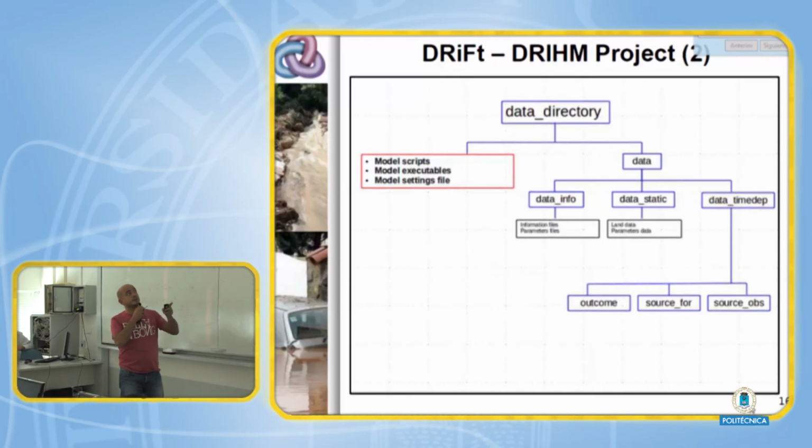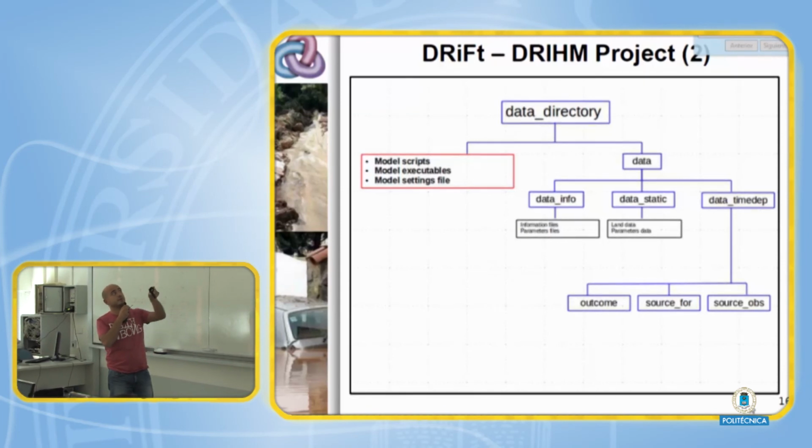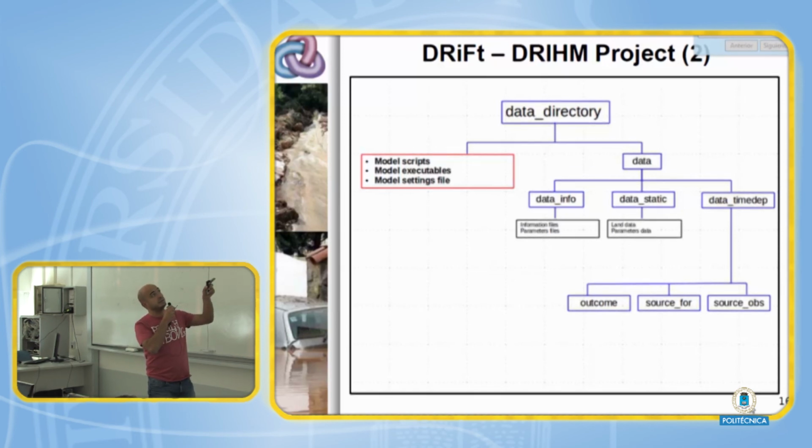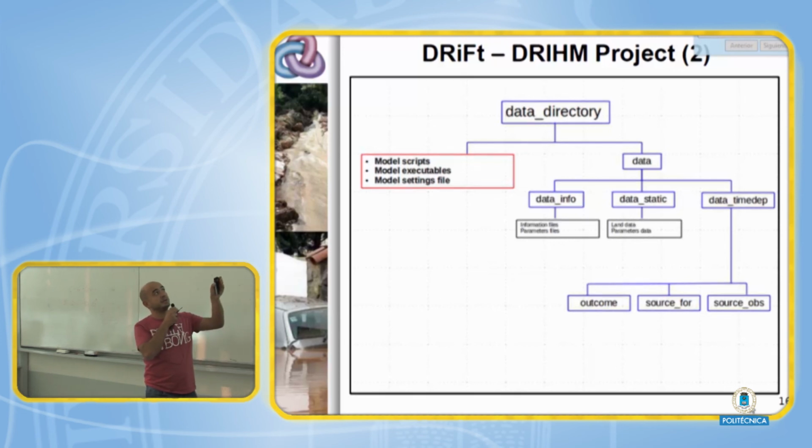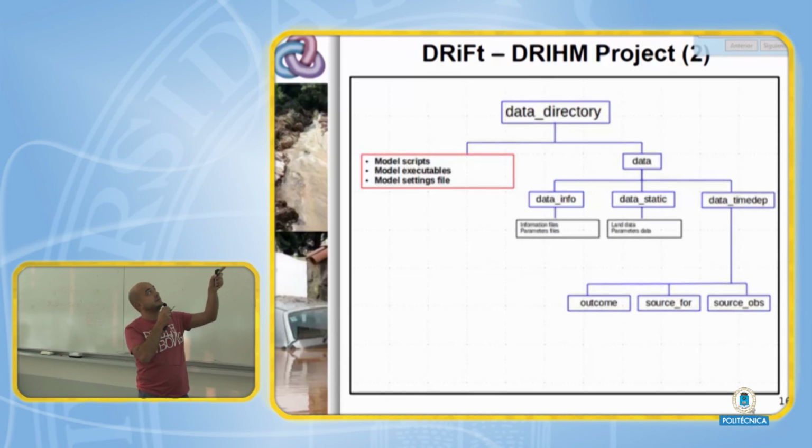We have to create a structure in this way, so I have a main directory with, in the root, the model scripts, the model executables and the model settings file, and in a data directory you have to put the static data and the data info.